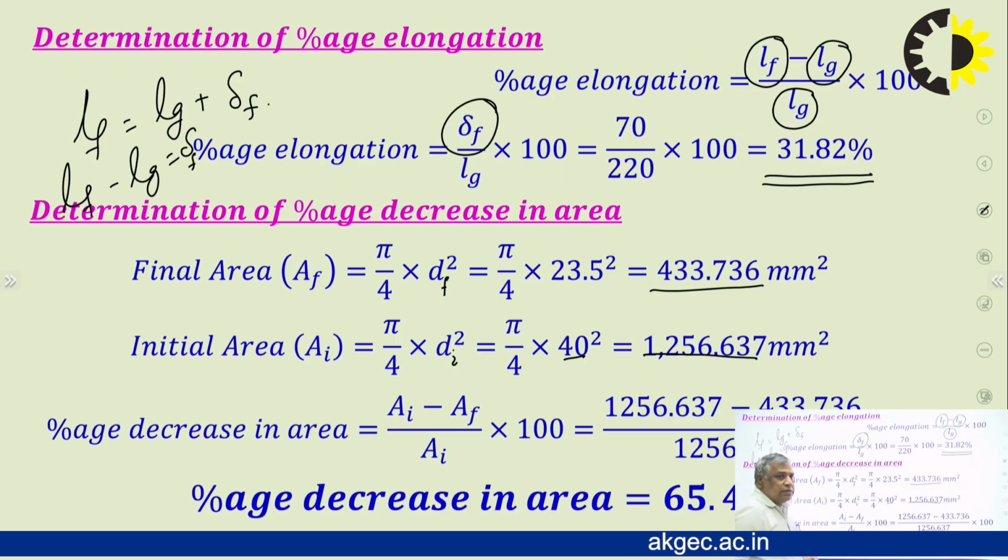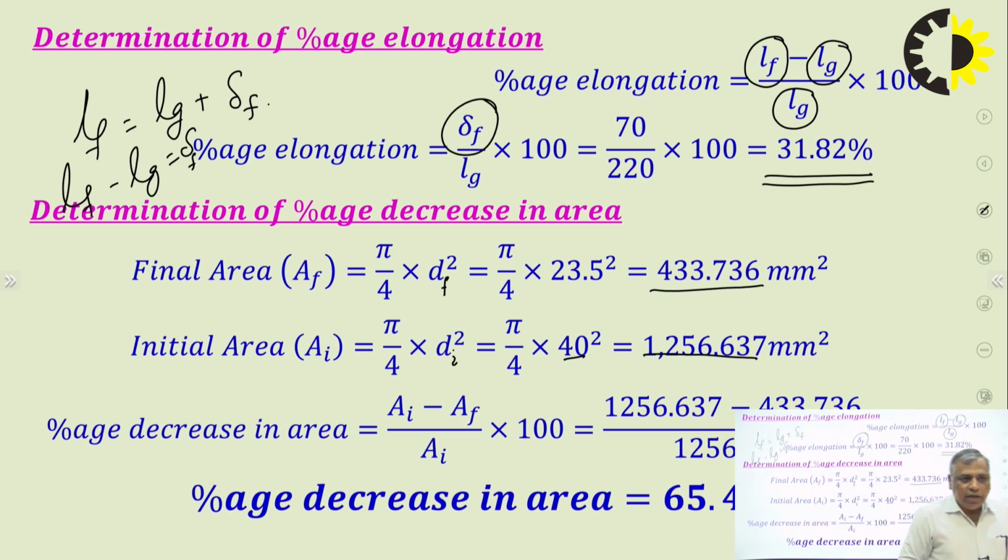So the change or decrease in area is AI minus AF upon AI. We can write AF minus AI upon AI. Normally we write final minus initial as the difference, but in that case the answer will be negative. The negative sign will indicate a decrement in the area. Here I ignored the sign to get a positive value.